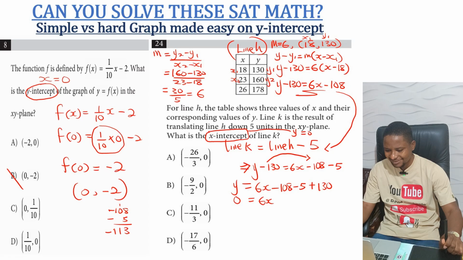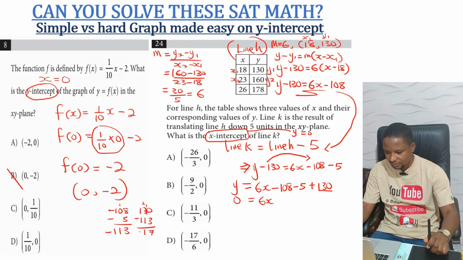So if you are taking this away from 130, what you have is 130 minus 113, and that will give you 17. So the whole of this expression simplifies to plus 17.